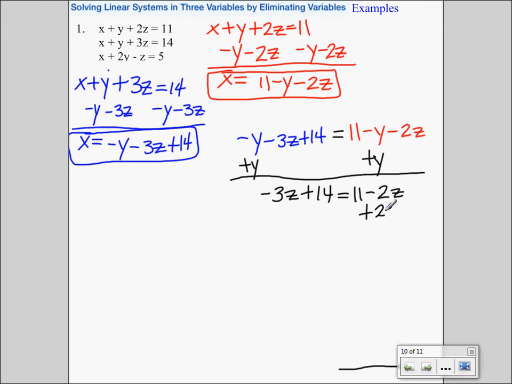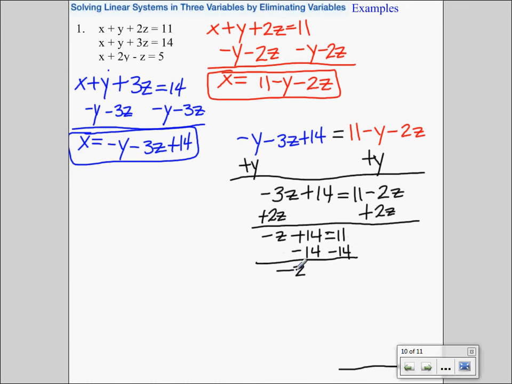So let's start by adding 2z to both sides of the equation. That's going to give us negative z plus 14 equals 11. So let's work by subtracting 14 on both sides.